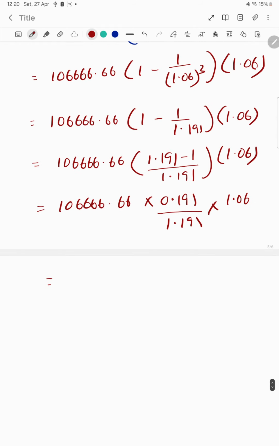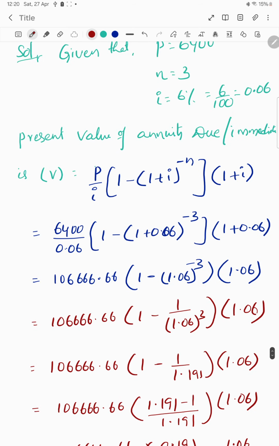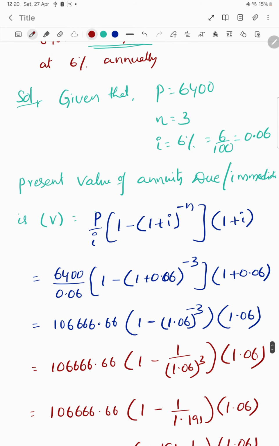Now it's very simple. Now you just multiply all these values and divide by 1.191. This implies 10666.66 into 0.191 into 1.06 whole divided by 1.191. This will give us 18,132.43. So this is the present value of annuity due.